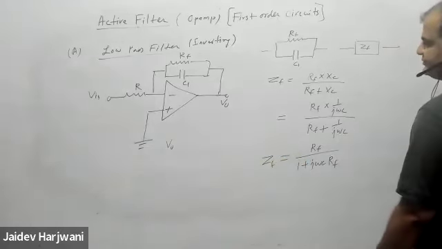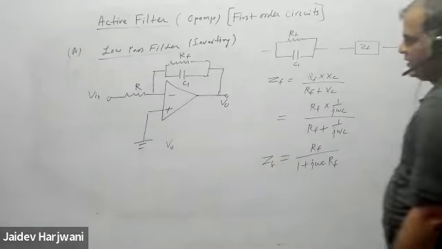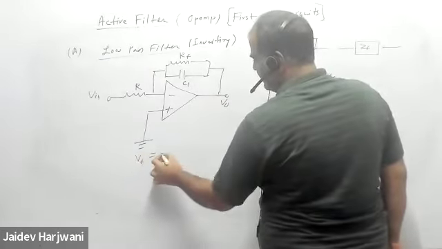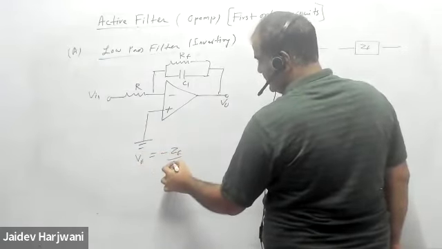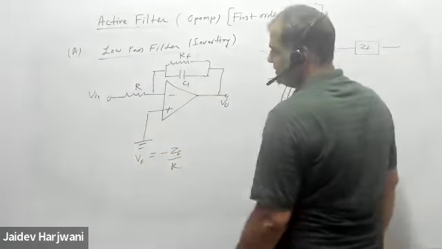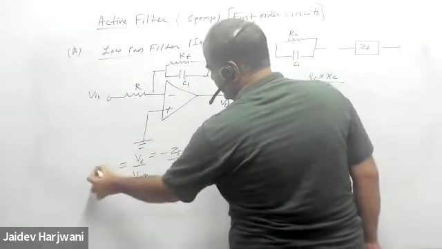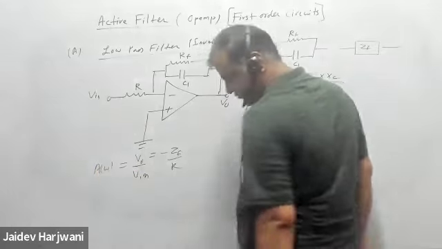That is ZF. So now my V naught will become minus ZF upon R times V input, that is my gain as a function of frequency.